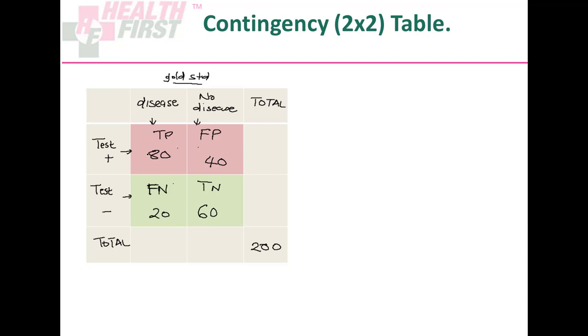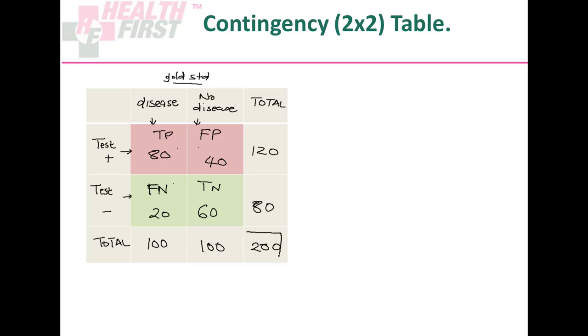We would total this row. The total of this row is 120 patients. The total for this row is 80 patients. The grand total, of course, is 200, right? So the total for this column is 100. The total for this column is 100, and the grand total is 200.